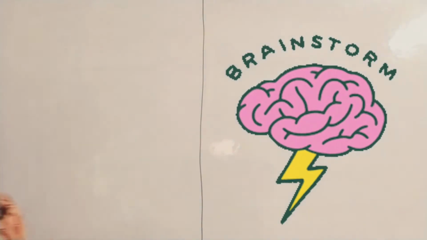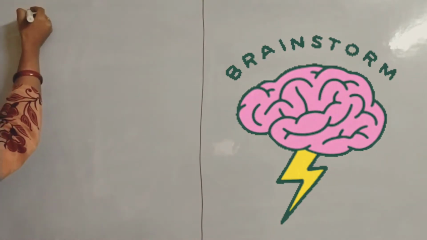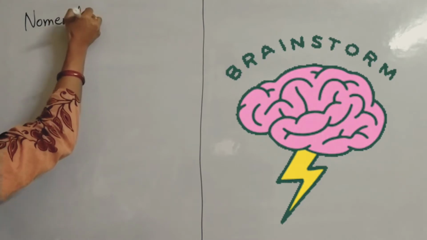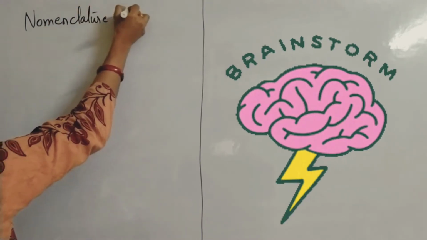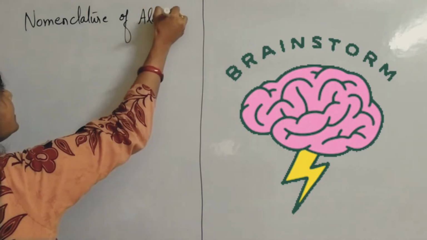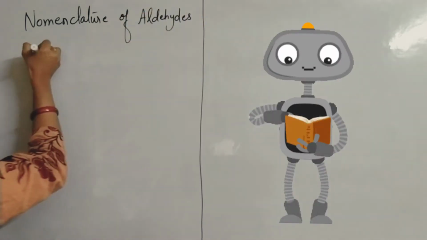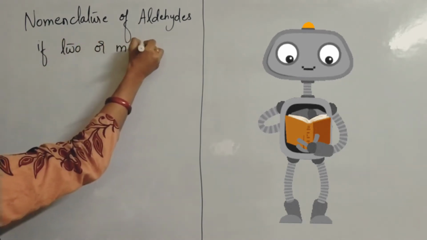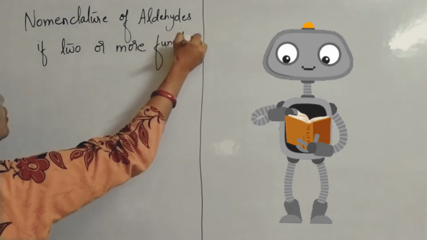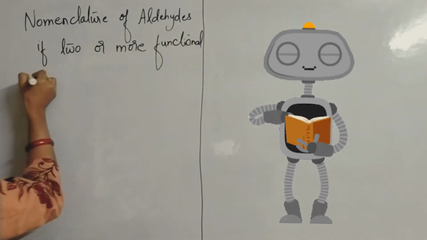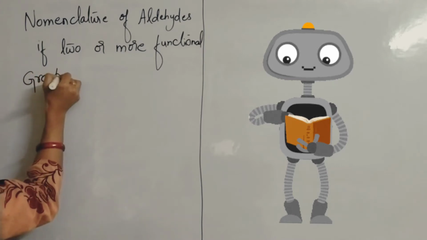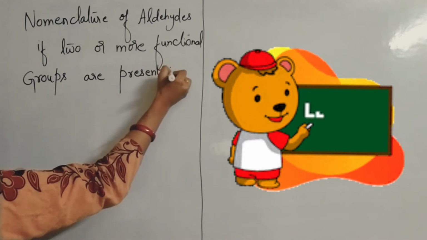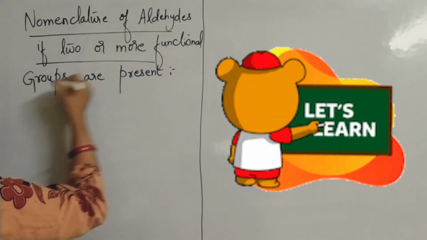So let us learn the topic for today: nomenclature of aldehydes if two or more functional groups are present. How to give the naming for the compound? That is our topic for today.